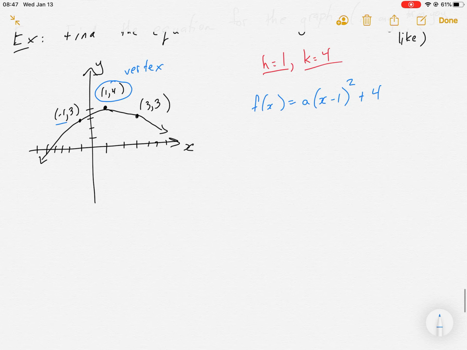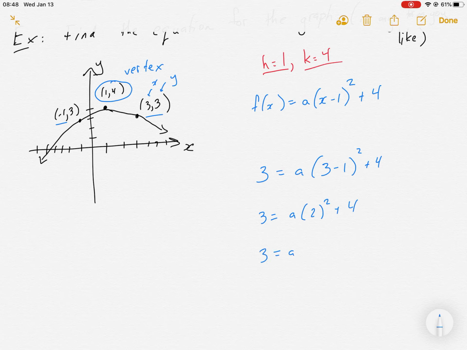In order to do that, I can pick either one of these points and plug those in. So notice this is x and this is y. So let's go ahead and just use this point. So y is 3, x is also 3 for this point. And so if I go ahead and start doing some manipulation here, let's do PEMDAS. So parentheses first, 2 squared, and then we have that plus 4.